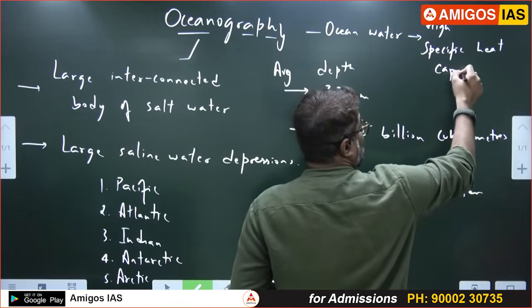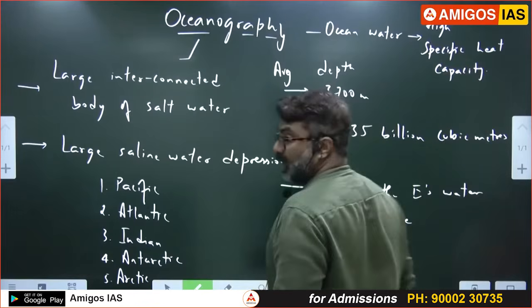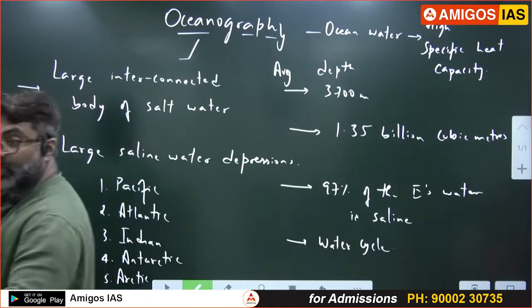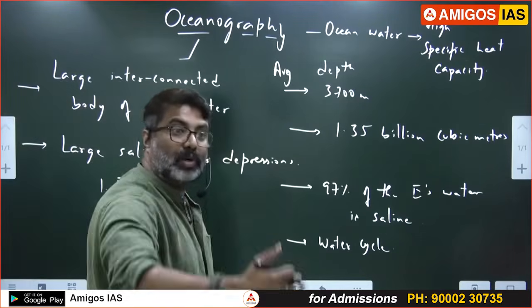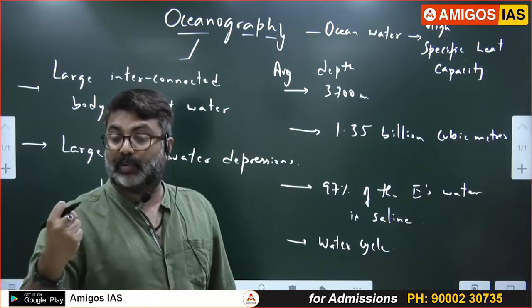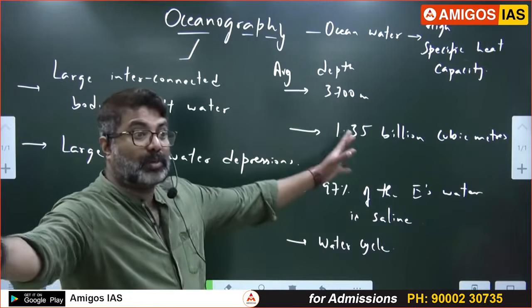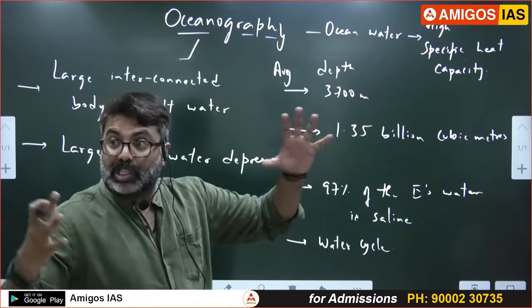I was discussing this, land and water. Land's specific heat capacity is low, whereas water's is very high. So water takes more time to heat up and more time to cool down. It can store a tremendous amount of energy. So oceans are a storehouse of energy.